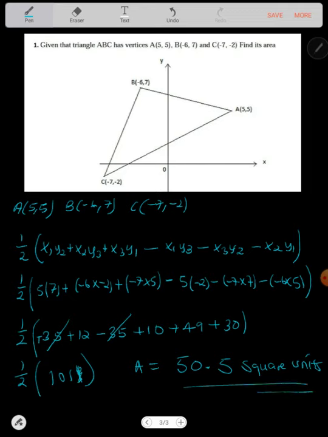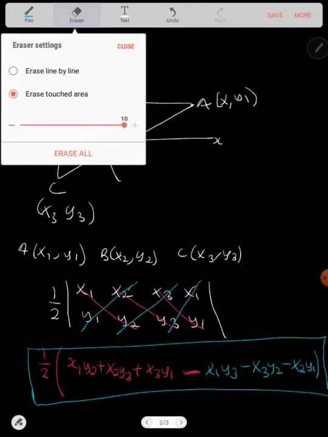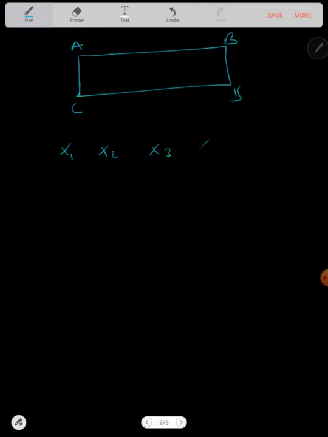It's similar to how we can find the area, for example, of a quadrilateral. Just get those points and list them like the way we did here. Let's imagine we formed a quadrilateral and we call it A, B, C, D. We're going to have x1, x2, x3, x4, then x1 at last.